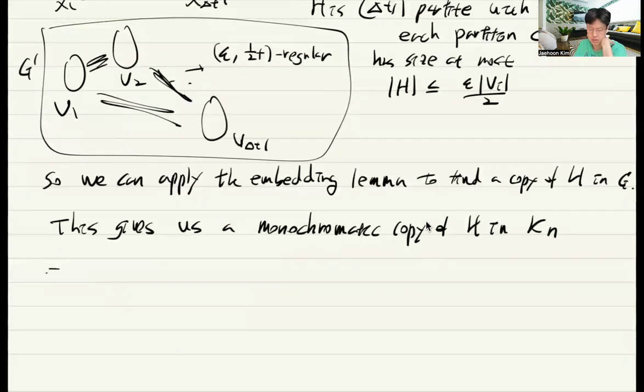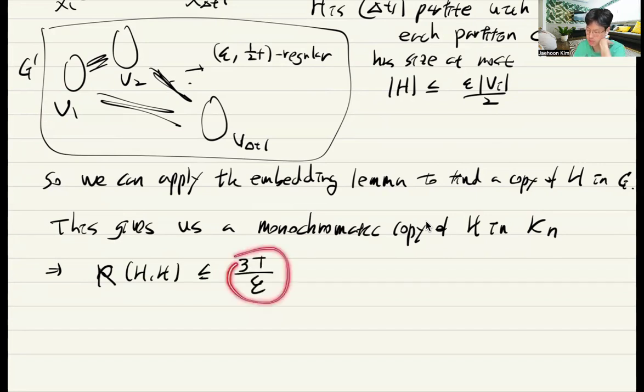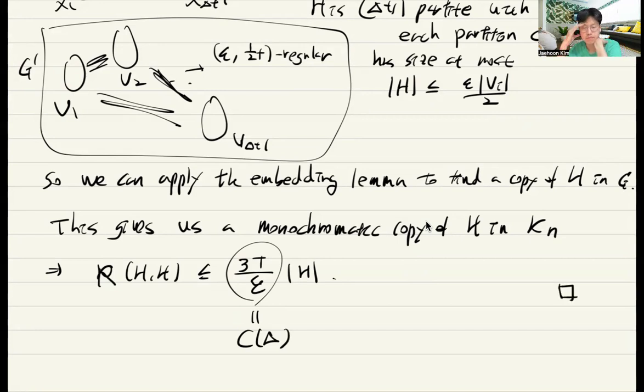And it concludes that the Ramsey number of H is at most 3 times T over epsilon, which was a function of delta, times the number of vertices in H. And these are functions of delta. Okay, so this shows what we want.